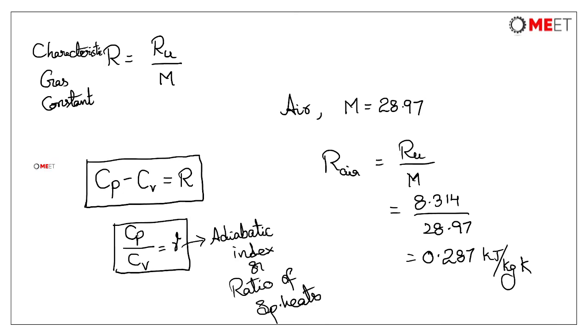Now, let us write the expressions of Cp in terms of R and gamma and Cv in terms of R and gamma, so that it will be helpful for solving problems. If Cp by Cv is equal to gamma, then Cp is equal to gamma into Cv.